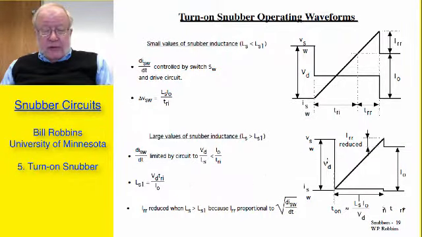If we have a relatively small value of inductance, small meaning the inductor value is less than a normalizing quantity LS1, we will have a waveform in which, as the current is rising, the voltage immediately drops down to a value less than V sub d. And it remains at that value until the current rise time interval is over and the current drops down from I naught plus IRR down to its normal on-state value.